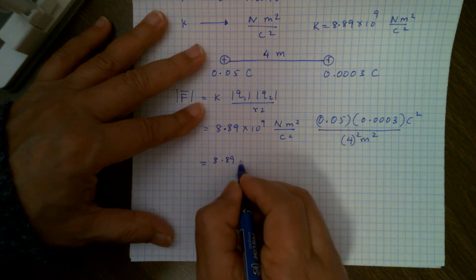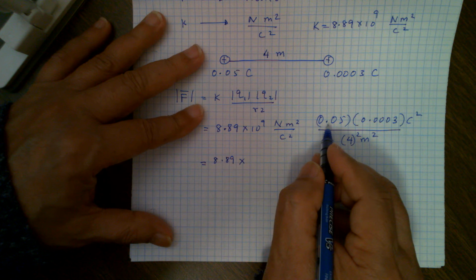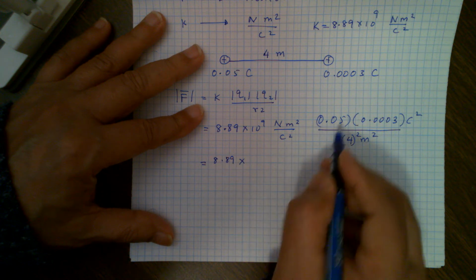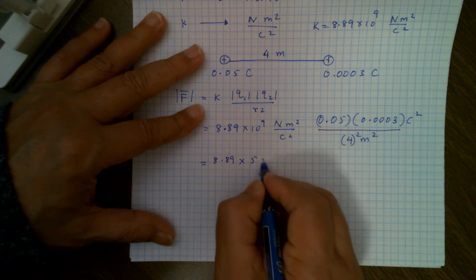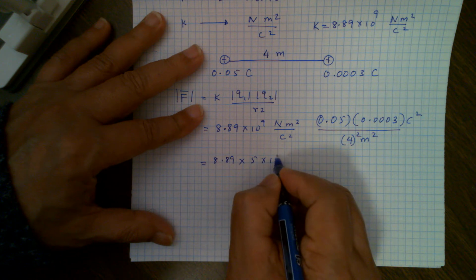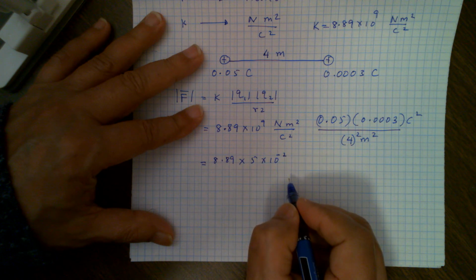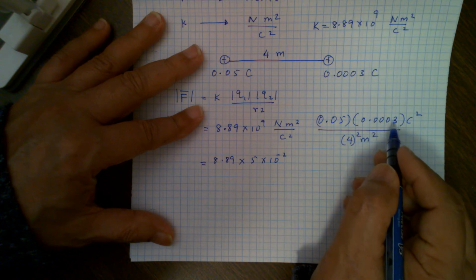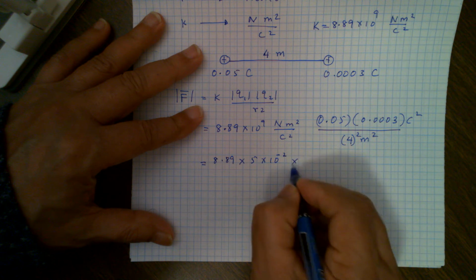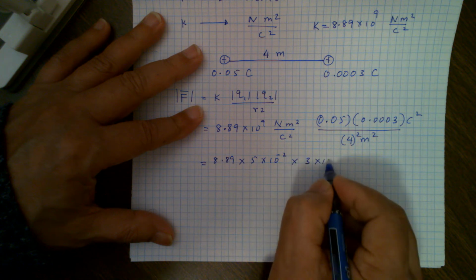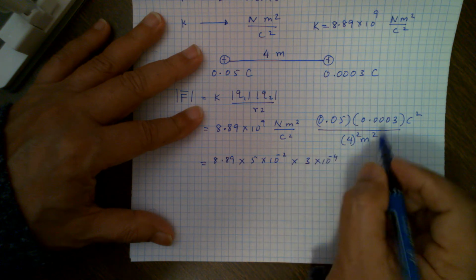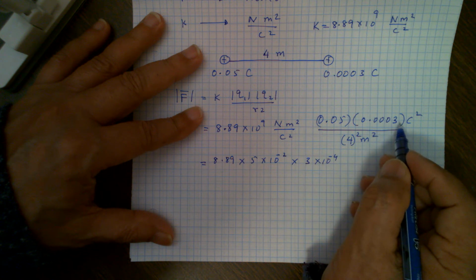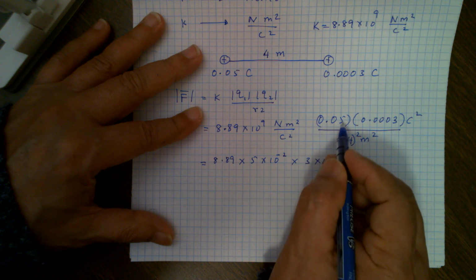0.05. What is 0.05? Let's write it in power of 10 notation. If I move 2 decimal places, that will be 5 times 10 to the power negative 2. And here I can move 1, 2, 3, 4 decimal places, so that'll be 3 times 10 to the power negative 4. Here I move only 2 decimal places.